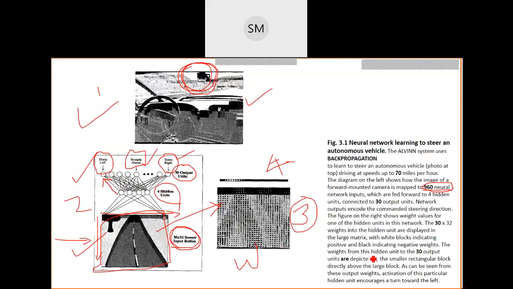Wherever you are looking, these white blocks indicate positive weights. Remember, positive weights. And these black color blocks indicate negative weights. We will study all these weights and these things, don't worry.